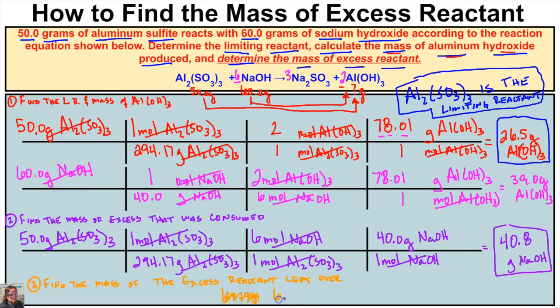We have 60.0 grams of NaOH, and we subtract the amount of excess reactant that was consumed, which is 40.8, this will give us the amount of excess reactant or sodium hydroxide that is left over.